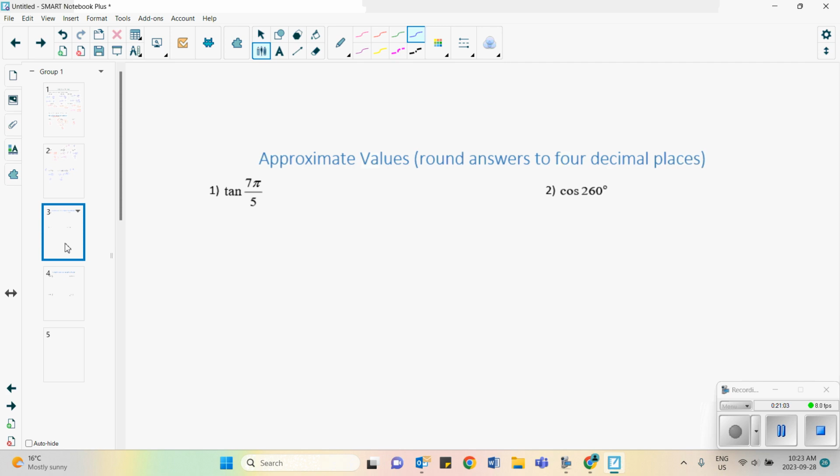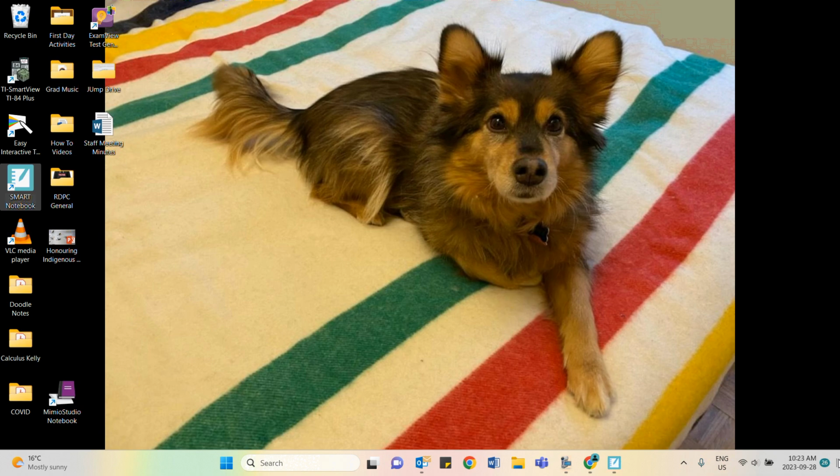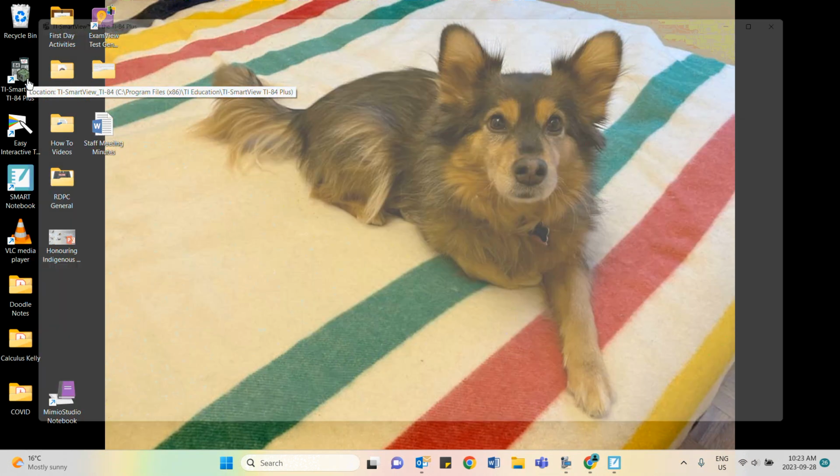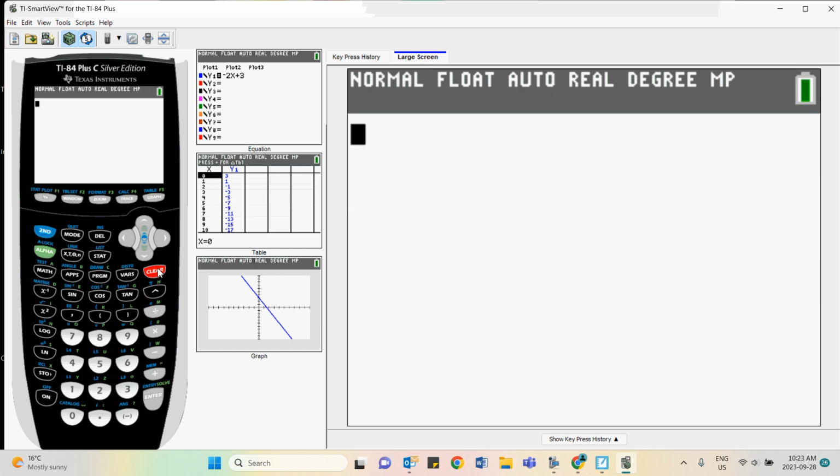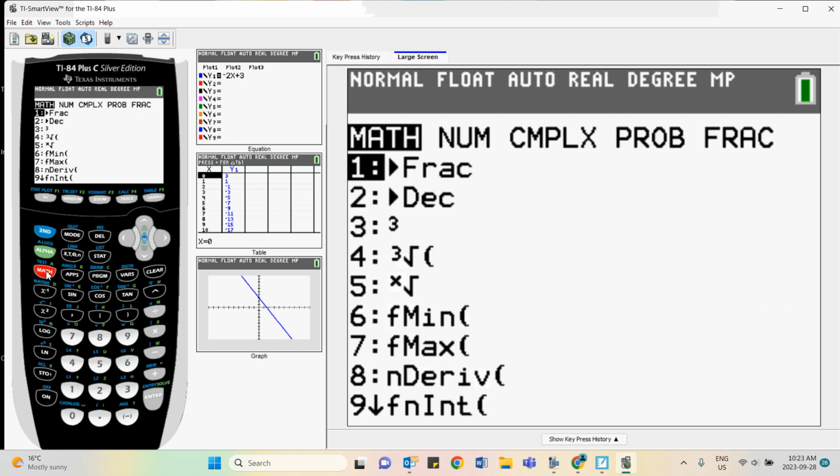Mine actually says the word radians. Yours probably has an R or a rad on the display. If you have a graphing calculator like mine, we're going to go to mode.